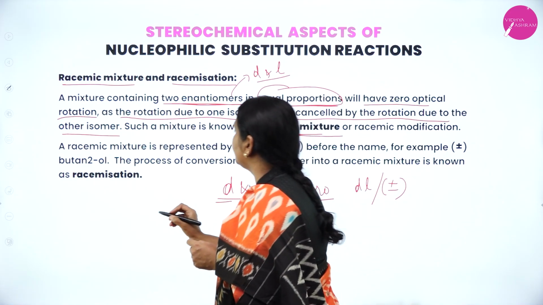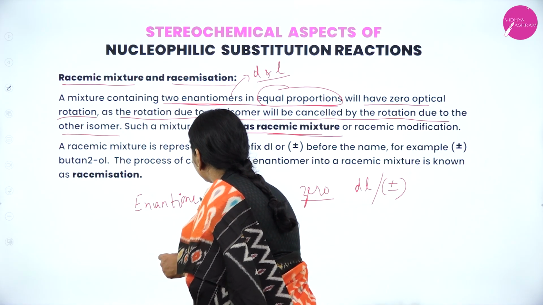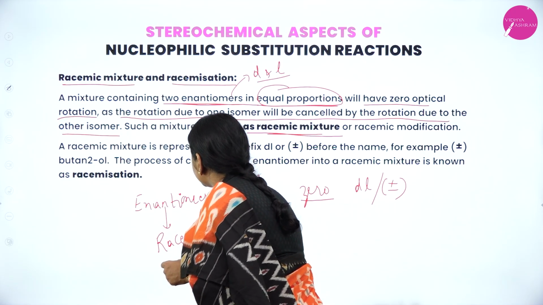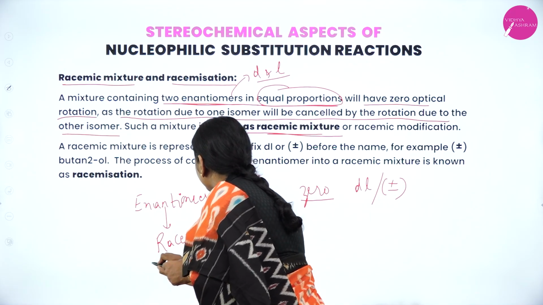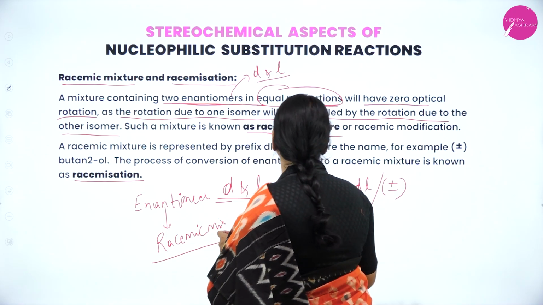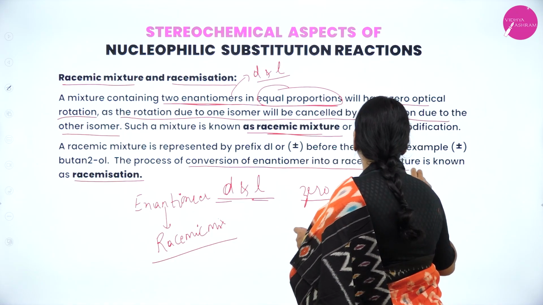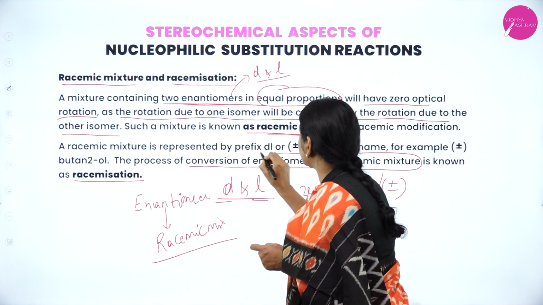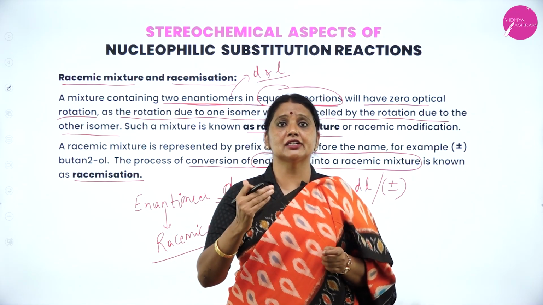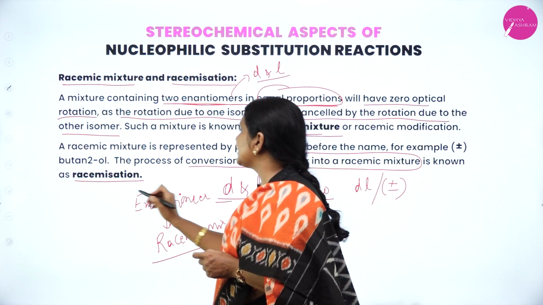Now, the conversion of an enantiomer into a racemic mixture is called racemization.